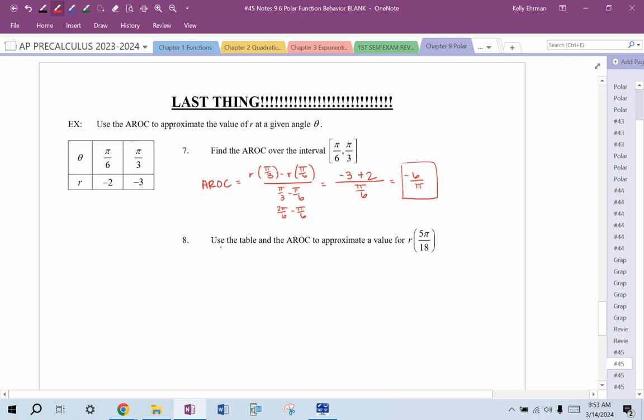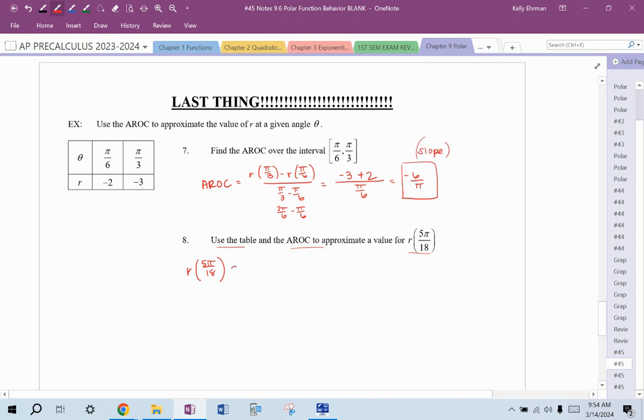Now use the table and the average rate of change to approximate this value. Again, we do this in calculus all the time, in the beginning of the year too. If I want to approximate R of 5 pi over 18, I can use a linear equation, because average rate of change is a slope.